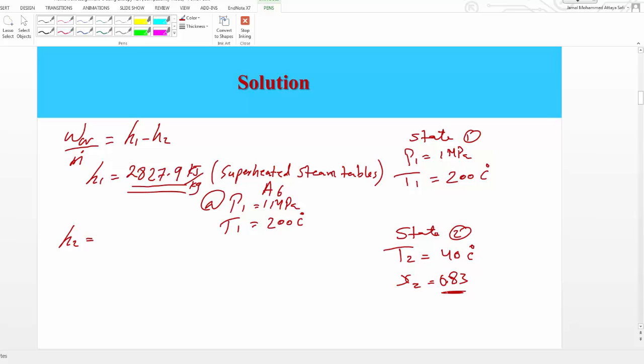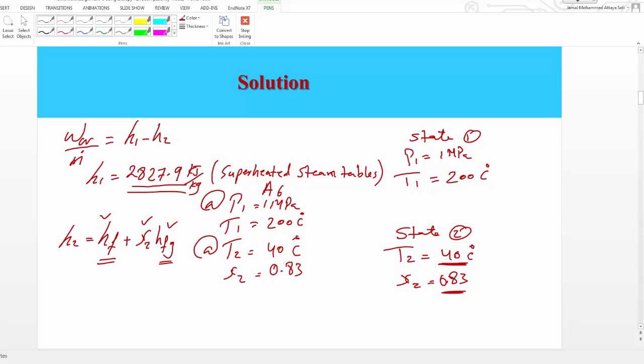So for H2 in this case, we know that it's the saturated table, and since the temperature is given here, we need to use the saturated table, temperature base, which is A4. If you do so, you'll find that H2 is, of course, HF plus X2 HFG. HF and HFG can be read at T2 is 40 centigrade and X2 is 0.83.